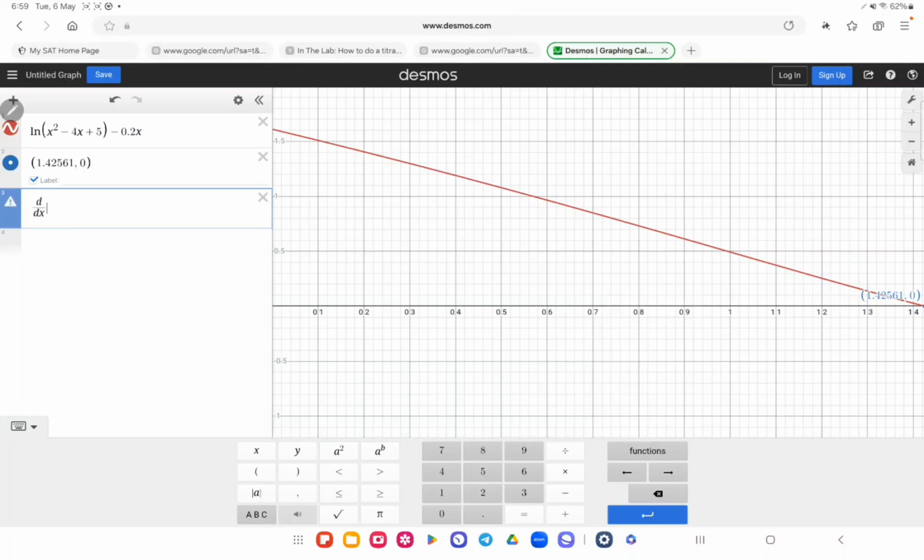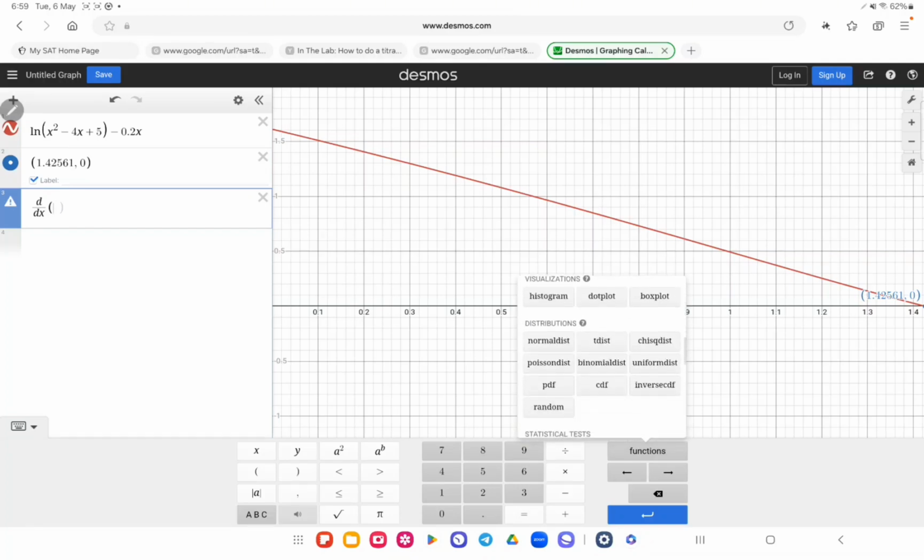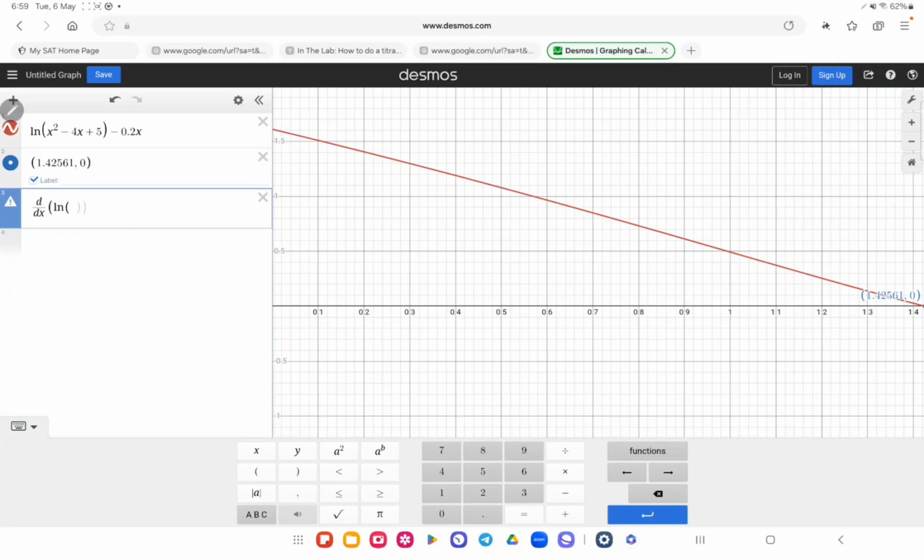And we're going to simply copy what we already said before. So copy the equation of velocity: ln of x squared minus 4x plus 5, close the bracket, minus 0.2x. And right now we're looking for the acceleration at the time of 1.5, if you recall.